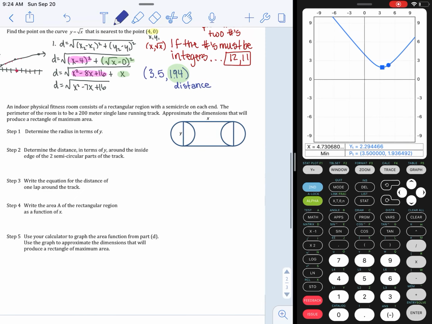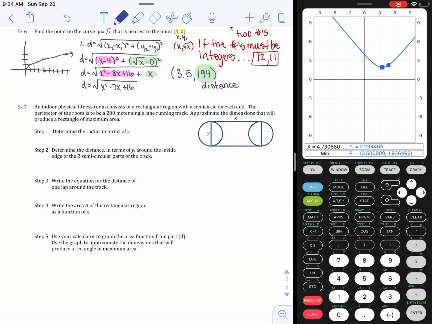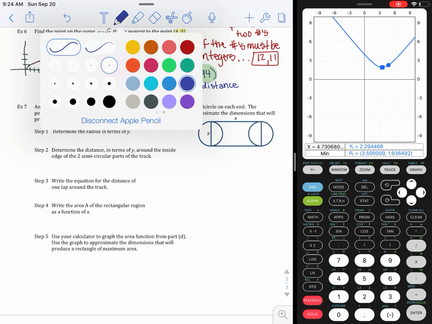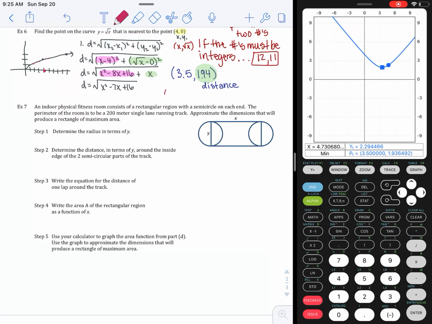So then your last step then is to figure out what is the y. So you need to plug in your x-coordinate. Our point is x comma square root of x. So now I'm going to plug in my x, which is 3.5, square root of 3.5, which is going to give me now approximately, I got 1.87.